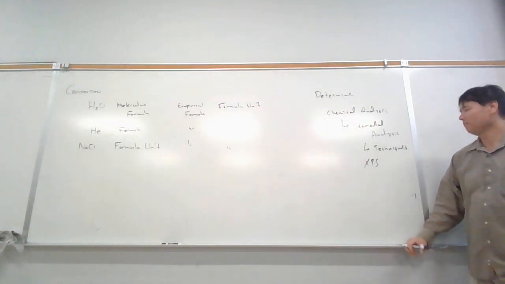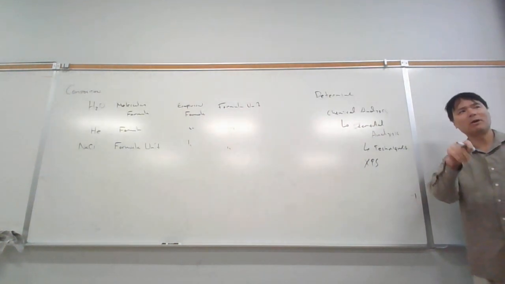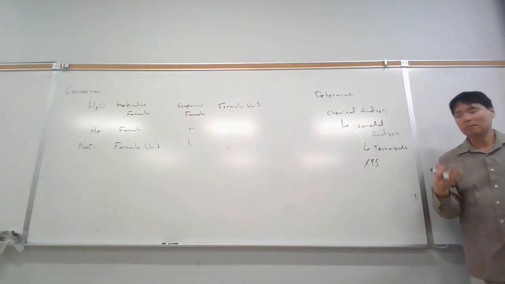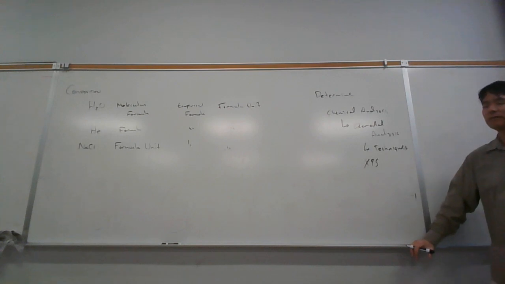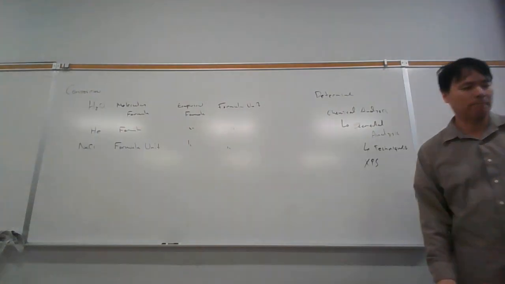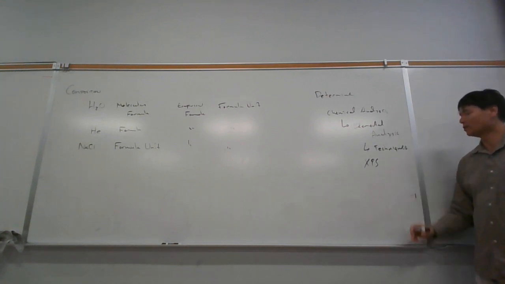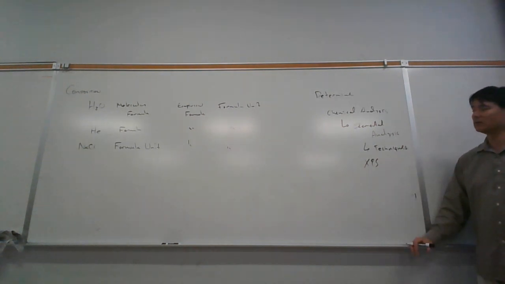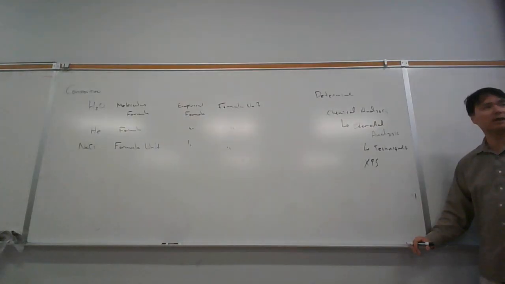XPS is X-ray photoelectron spectroscopy. You bombard the sample with X-rays, and it ejects electrons. X-rays are what we call ionizing radiation, comprised of high energy light. It can knock electrons off, and as electrons rearrange, it emits light, and those light patterns we can use to identify elements in XPS.